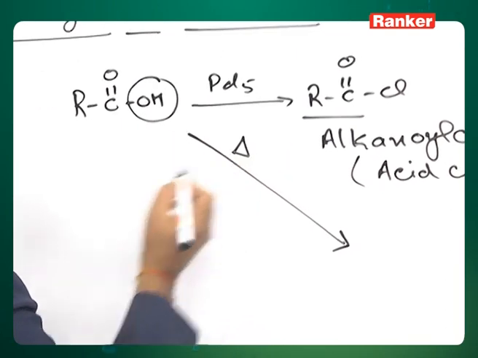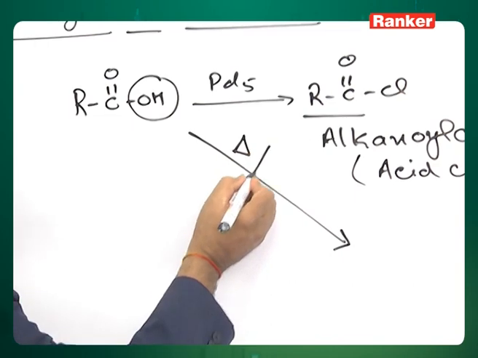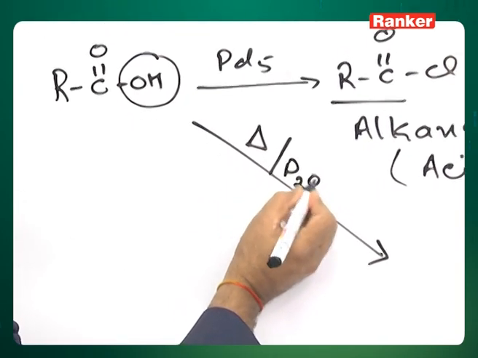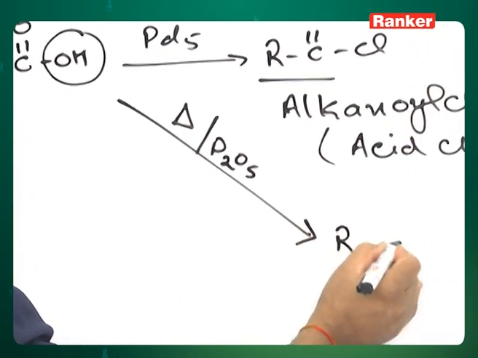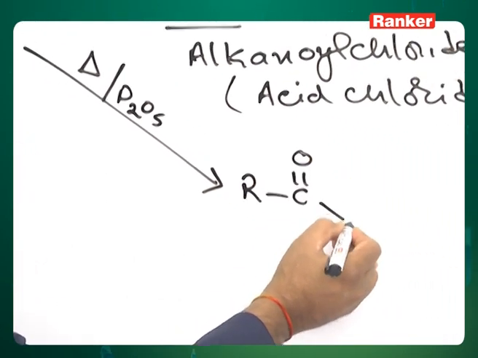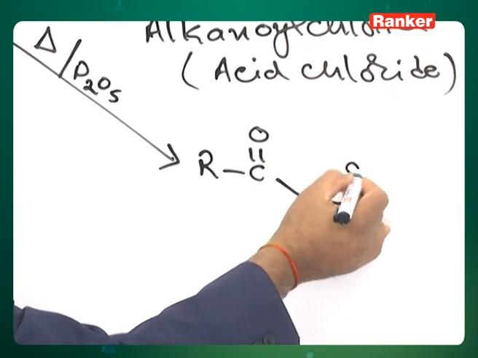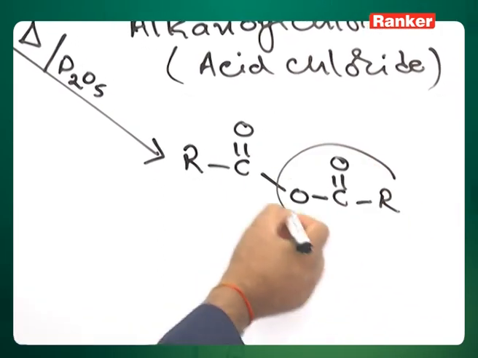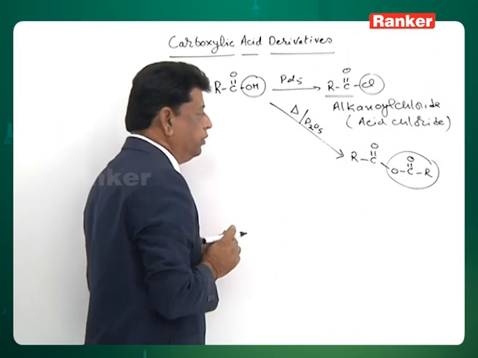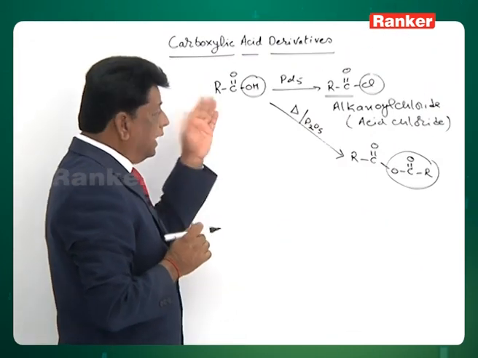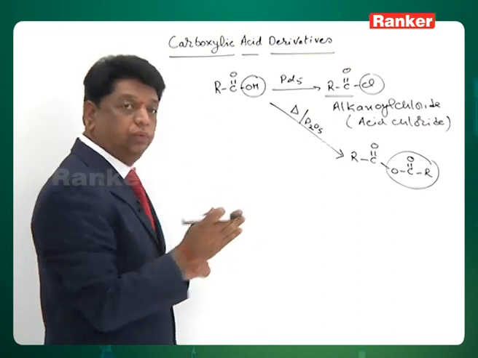by heating strongly in the presence of P2O5, if you heat it, 2 acids will join. That means, in the place of OH, we get an OCOR. So, this is the new group entered in the place of the OH. Here the Cl is the new group. So, RCOCl, another acid entered, actually 2 acids lose water.